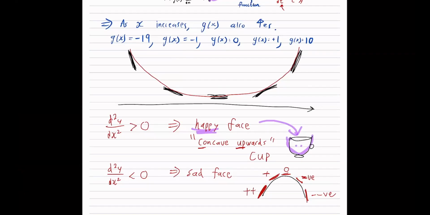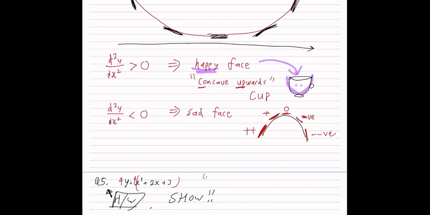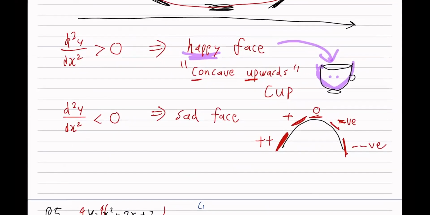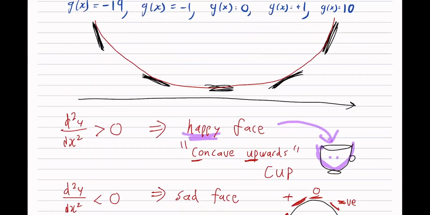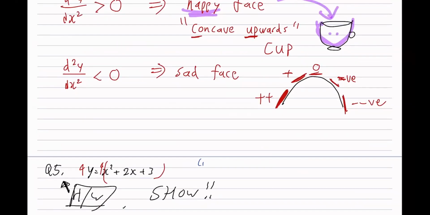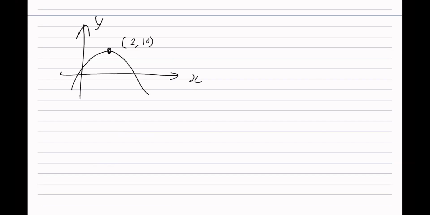Very good. Okay, so what else can you conclude? If you additionally know, let's say, that now you know there's a graph here. You found this point (2, 10). I don't know where this function came from, y equals f of x, whatever the function is.